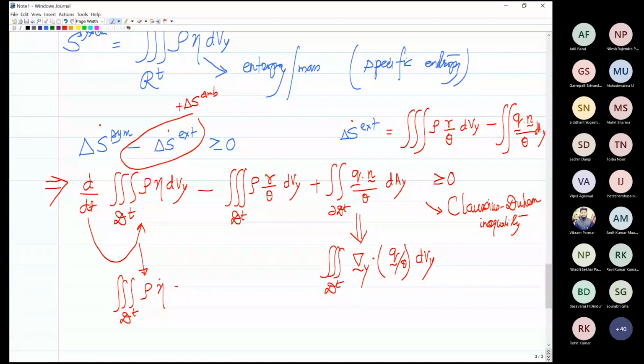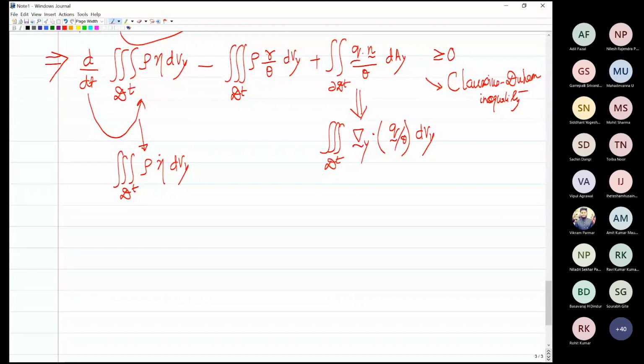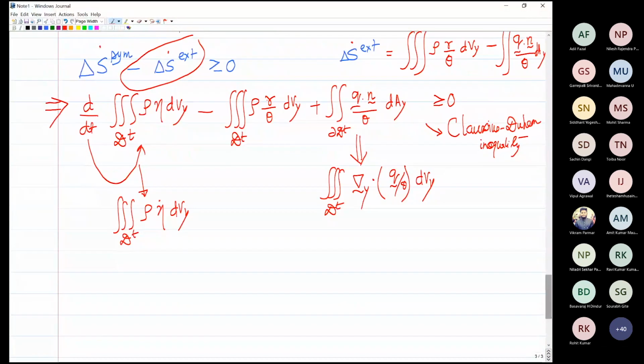So what we have finally, after using the localization argument, of course, is rho times eta dot minus rho small r by theta plus divergence of q by theta, which is greater than or equal to 0.